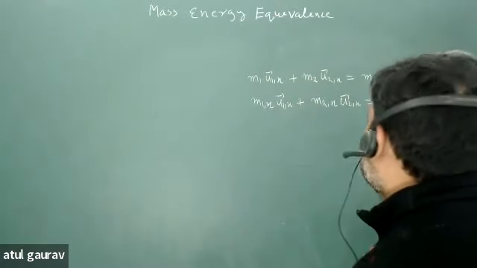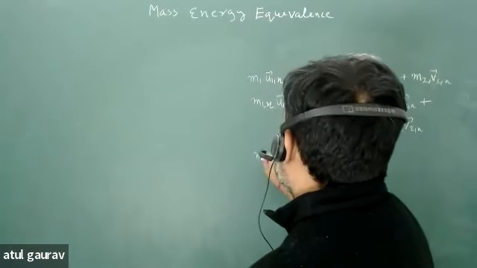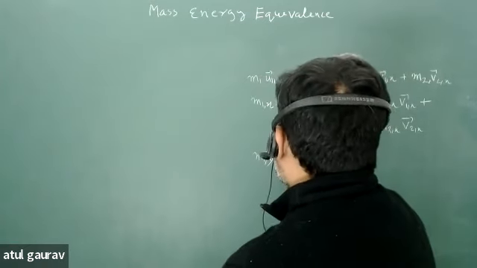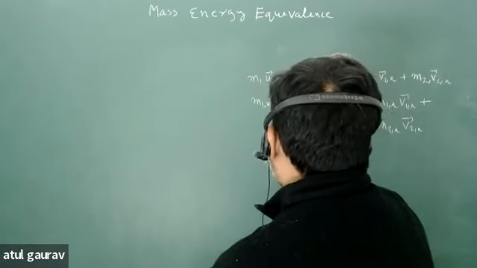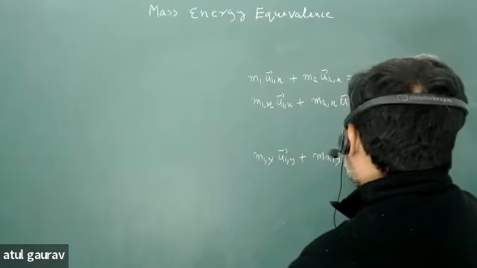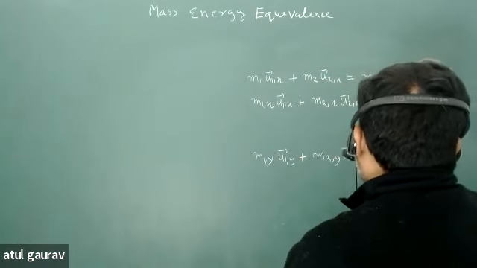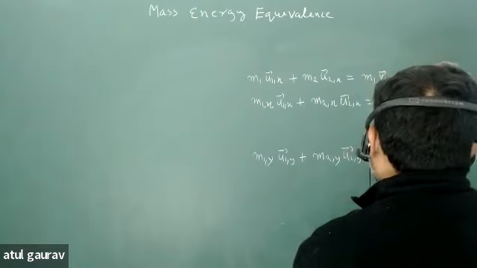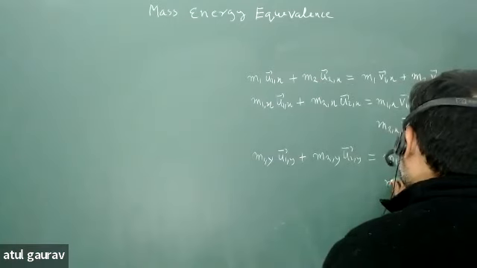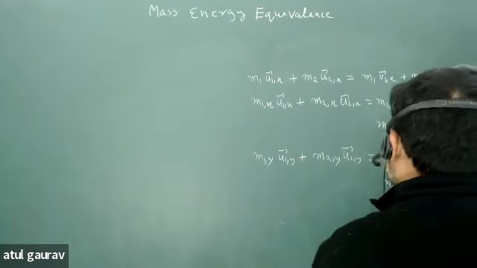Suppose this whole thing is written with respect to y, then how will you write it? Then your mass will also change. m1 with respect to y, u1 with respect to y, plus m2 with respect to y, u2 with respect to y, must be equal to m1 with respect to y, v1 with respect to y, plus m2 with respect to y, v2 with respect to y.